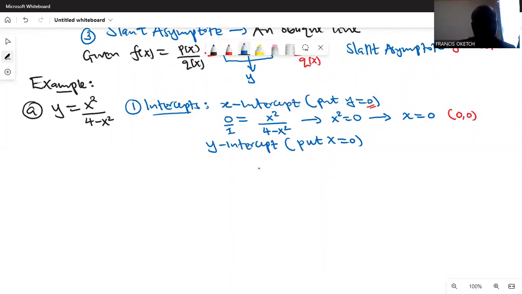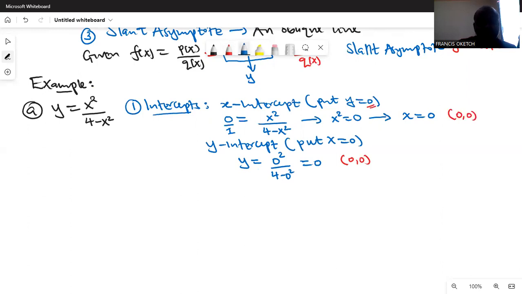We're going to get y is equals to 0 squared over 4 minus 0 squared. That is simply equal to 0. So our point in this case will be 0, 0. So the x-intercept is the same as the y-intercept. We just have a single intercept that is at the origin.